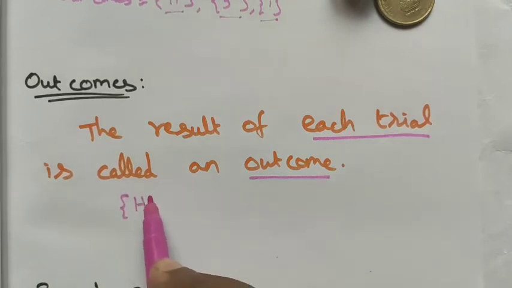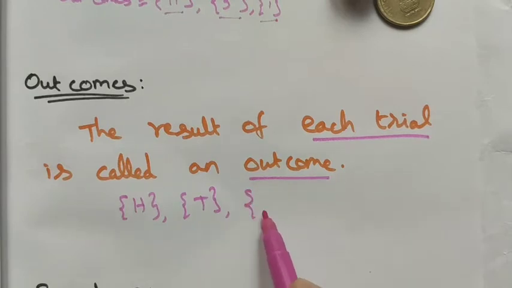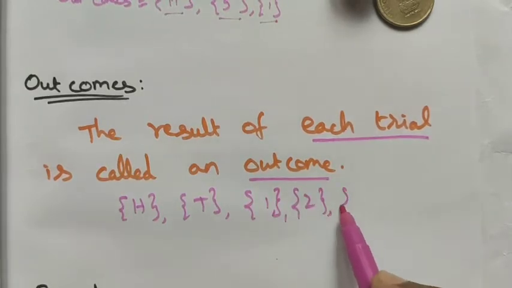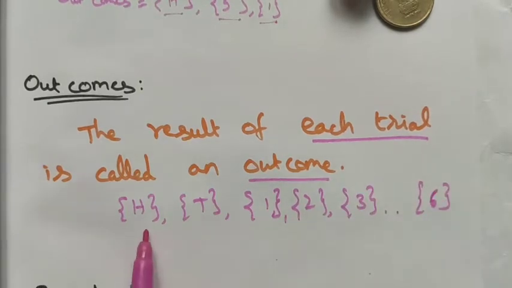If you get head or tail, this is the outcome. Or in a dice we get number 1, 2, 3 up to 6. Each outcome in a trial is the result of the trial.